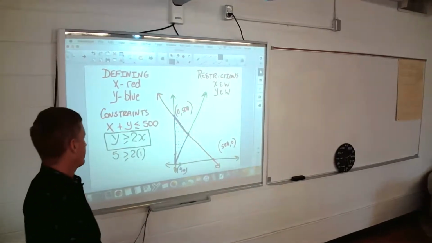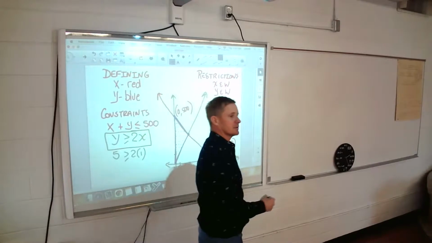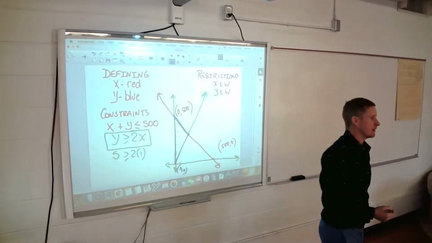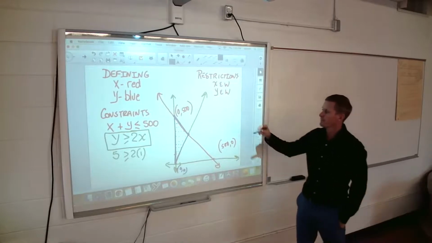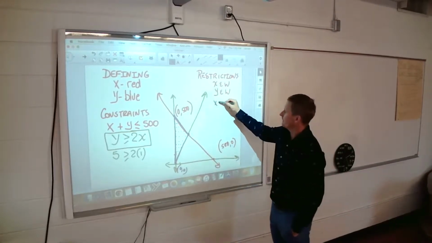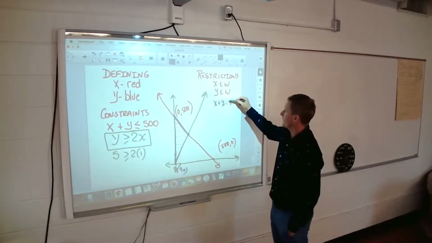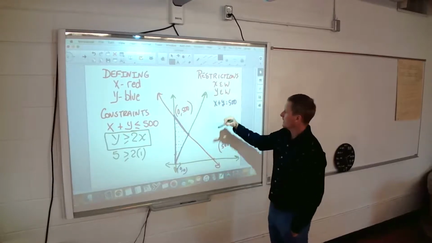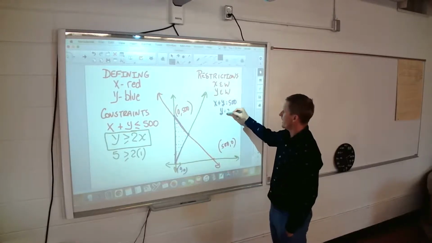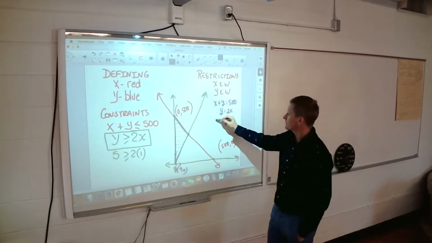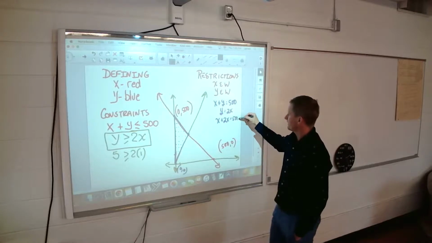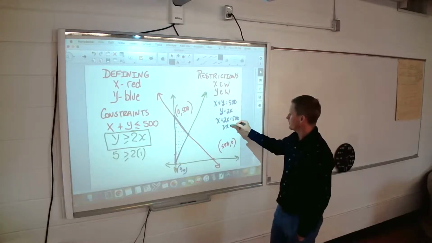To do that, I would use Desmos and find my intersection point. That's what I would do. Now I could do it mathematically. I have x plus y is equal to 500. I can change that to y equals 2x. Substitute the 2x in for the y here, so I get x plus 2x equals 500. 3x equals 500.